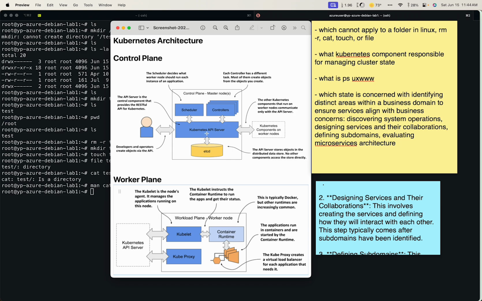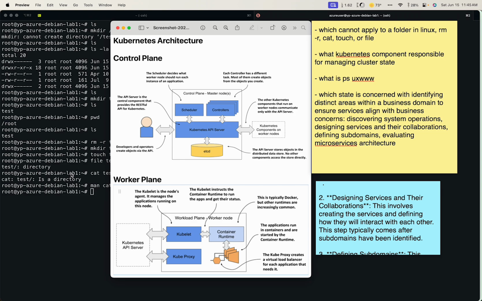I know they mentioned scheduler, the controllers, etcd, kubelet, and also the API server. Essentially, everything needs to go through the API server. The API server communicates with etcd, strictly out of any component, and all of cluster state is managed within etcd.